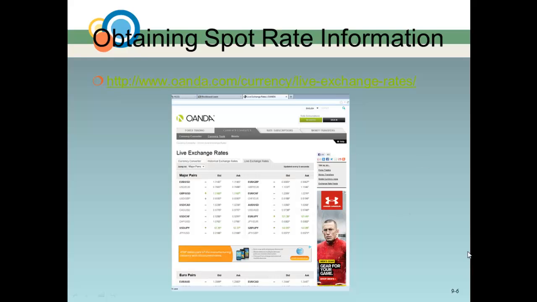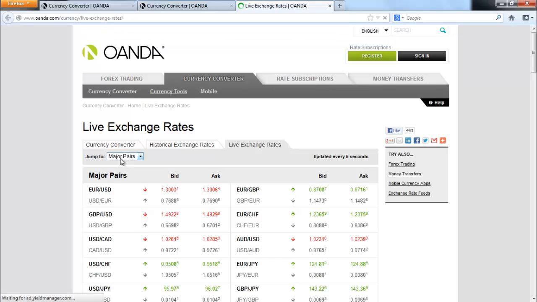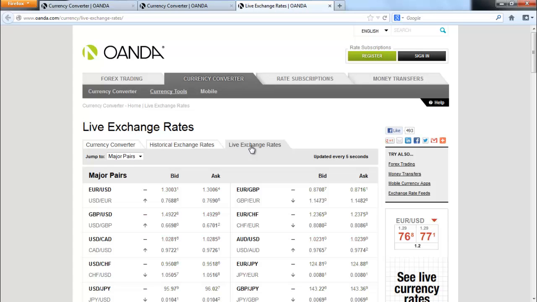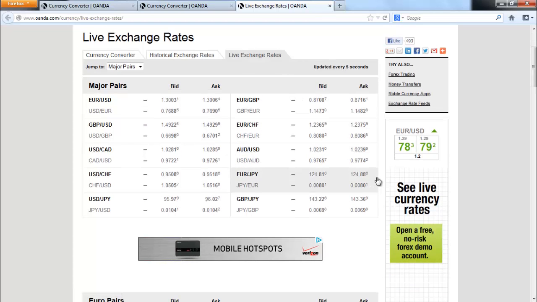Let's go back to the OANDA website. Now, if we go to OANDA and click on this live exchange rate, the market is closed today, so it is not reporting the updates.